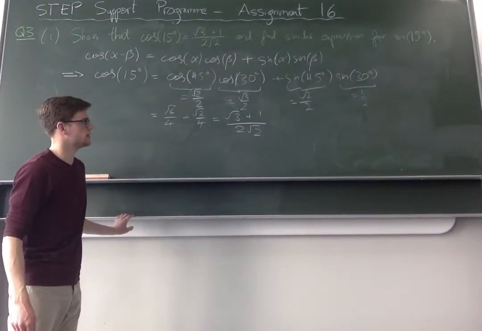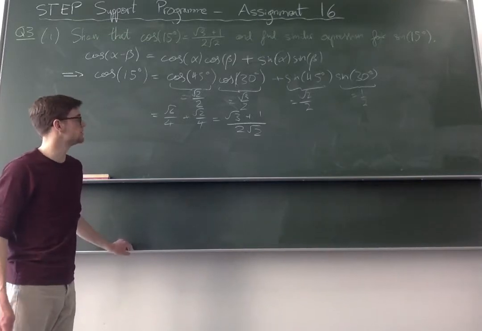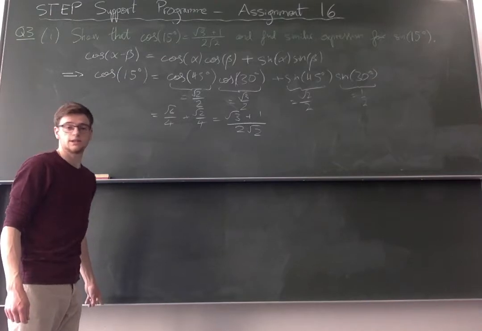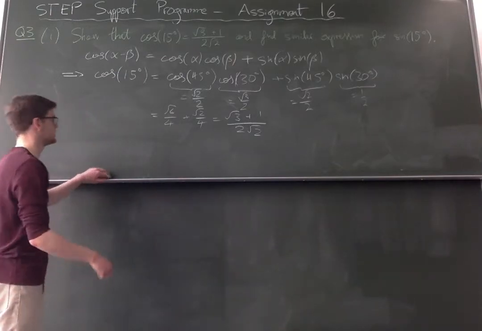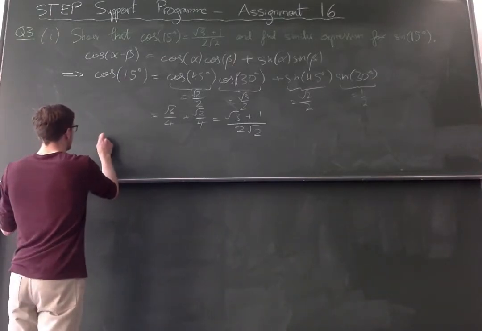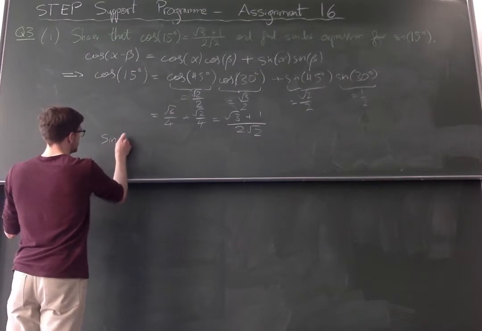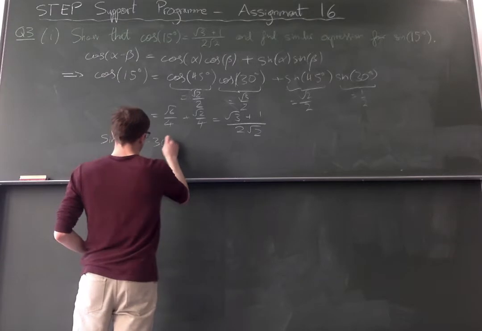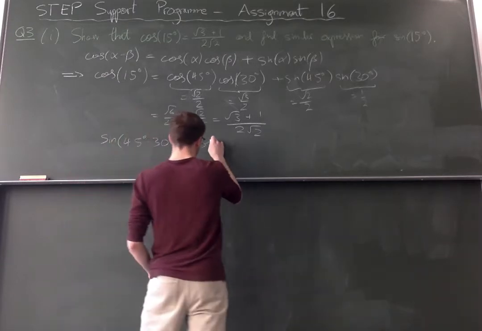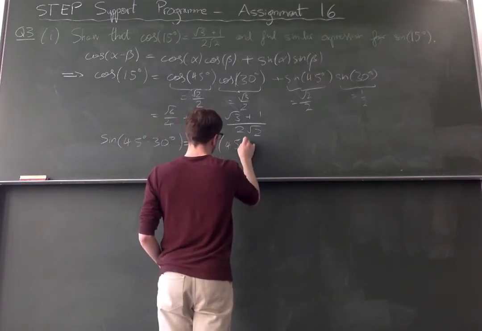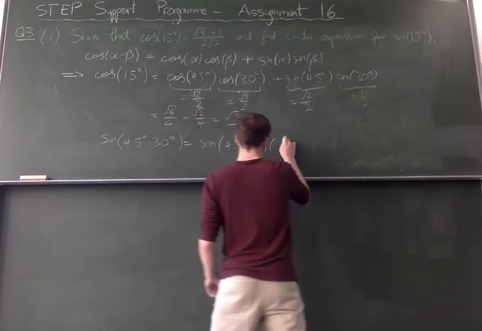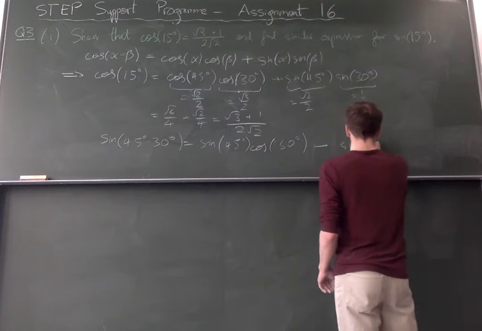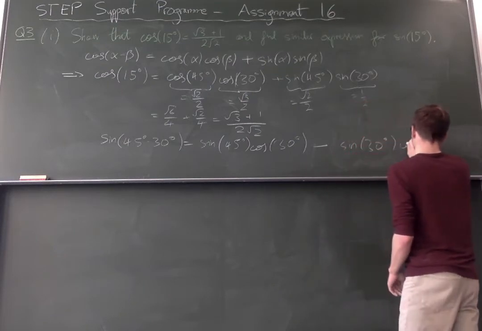Okay, so now let's try and do the same thing for sine. If something's not broken, don't fix it. So let's just do exactly the same trick. We've got an addition formula for sine as well. Sine of 45 minus 30 is the same thing as sine of 45 degrees cos of 30 degrees minus sine of 30 degrees cos of 45 degrees.